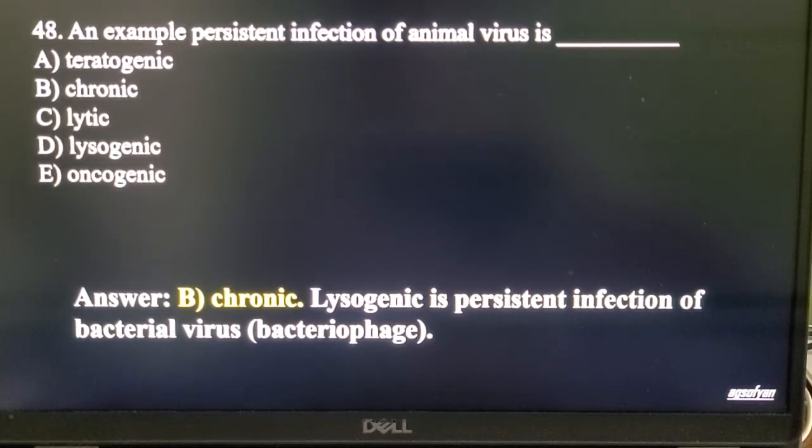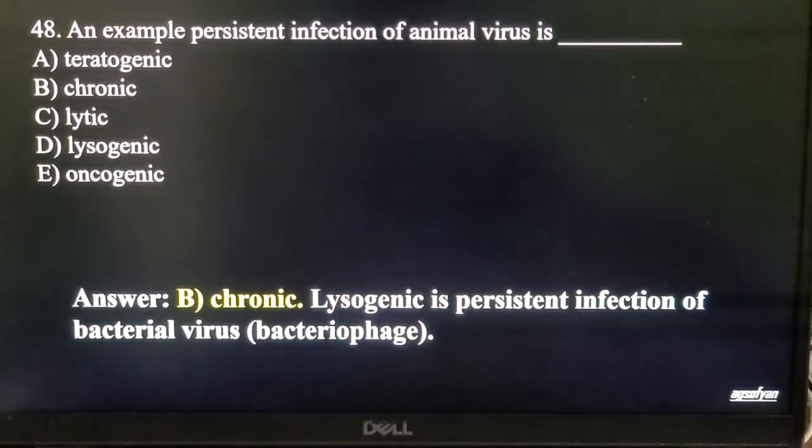Lysogenic is a persistent infection, but it is not in animal viruses. It is in bacterial viruses, viruses that infect bacteria. Oncogenic is a virus that triggers tumor or cancer. So the answer will be chronic, in animal viruses like viruses that infect humans.